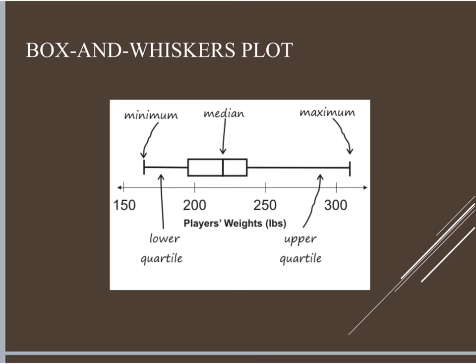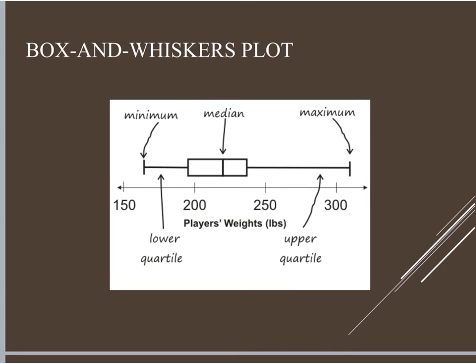Then once you find your median, you have split your data in half. So you're going to take the first half of your data and find that median, and that goes right here. And then you're going to take the second half of the data and find the median, and that's going to go right here. And what this does is, notice we have what we call the lower quartile, because we've split this graph up into 4 pieces.